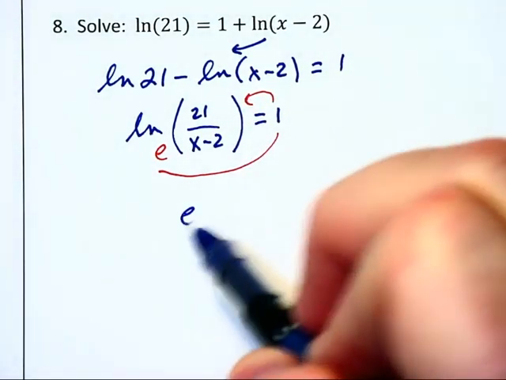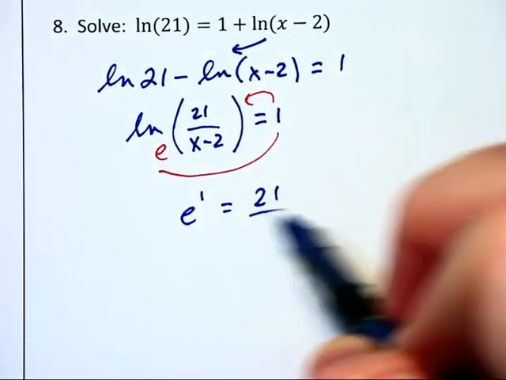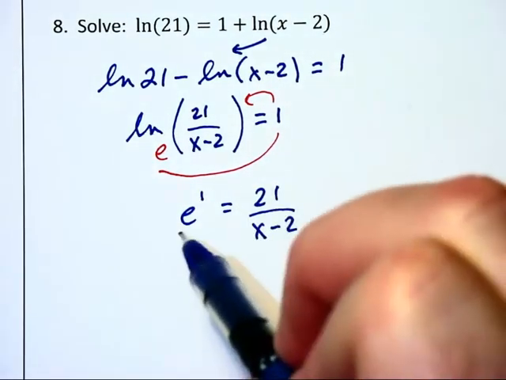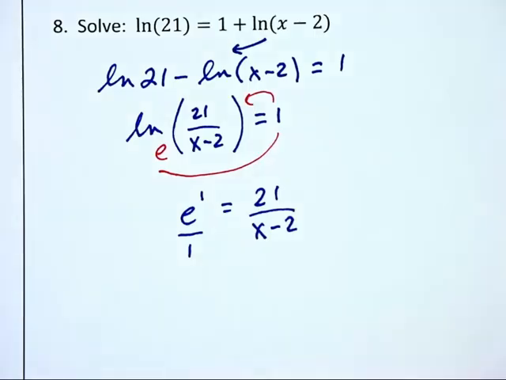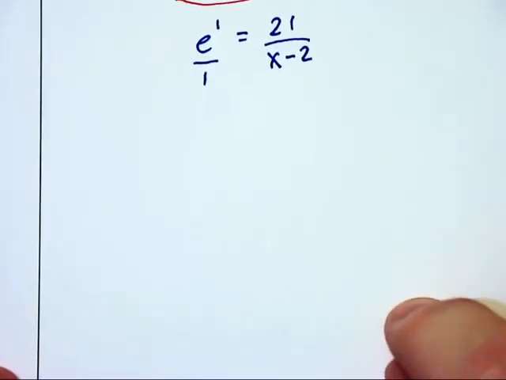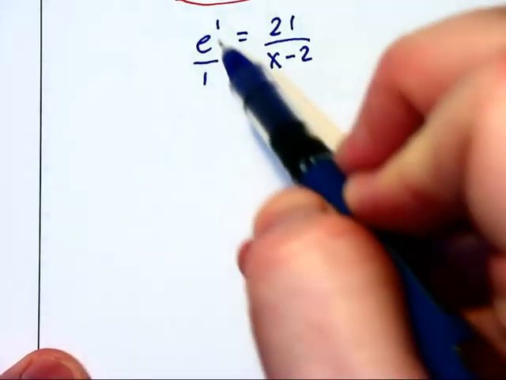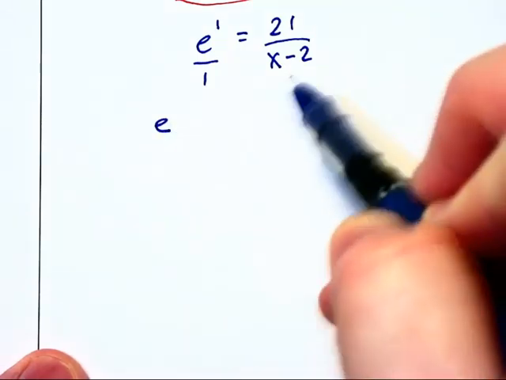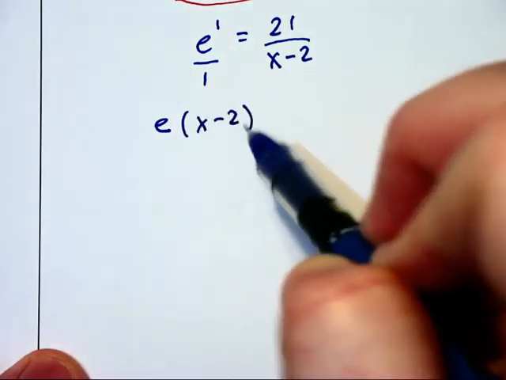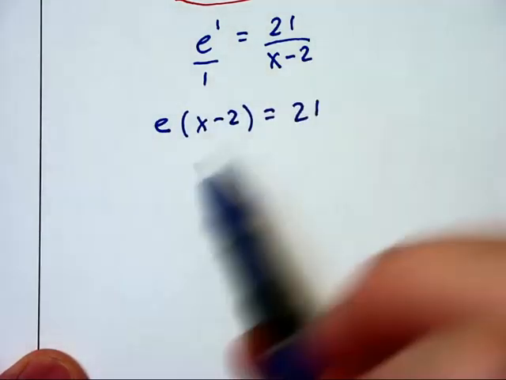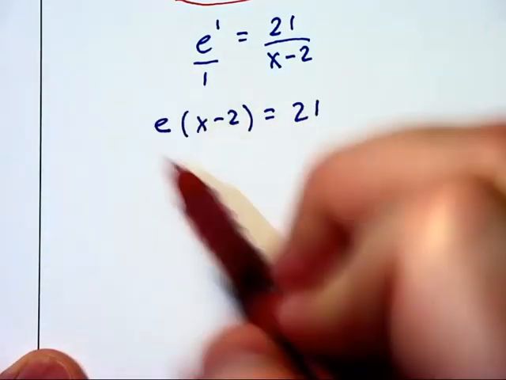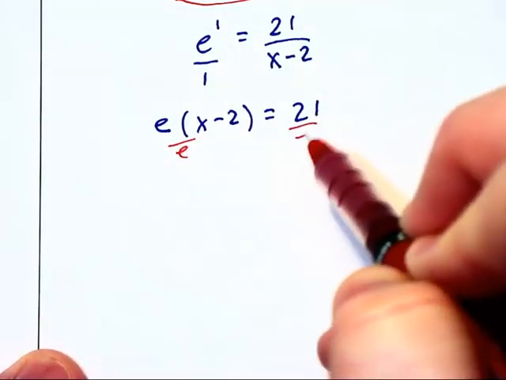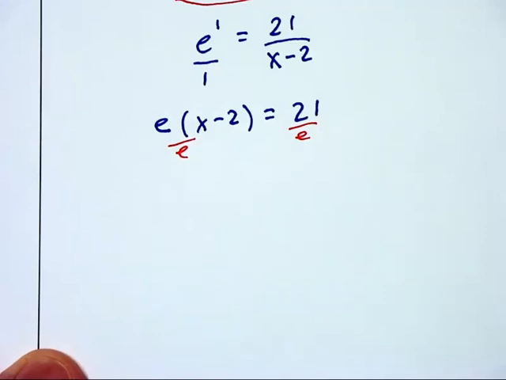So I've got e to the first is equal to 21 over x minus 2, and I'll write that as e over 1 so that I can cross multiply. Upon cross multiplying, I'm going to have e times x minus 2 is equal to 21. I can either distribute right now or divide by e, which is a number, not a variable, remember that.